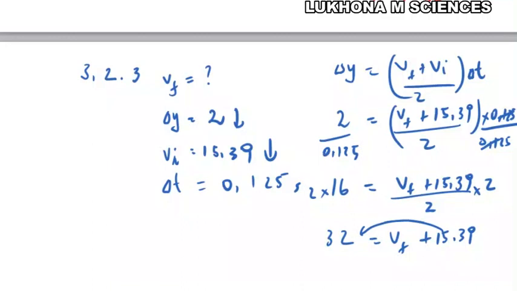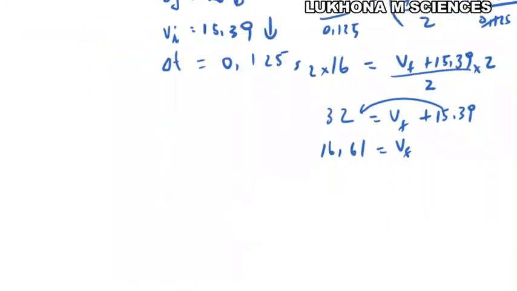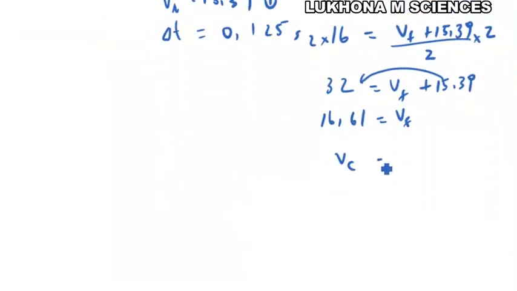Then we get the answer, which is 16,61. That is the final velocity. Therefore, the velocity at C is equal to 16,61 meters per second downwards. Then we answered that question.